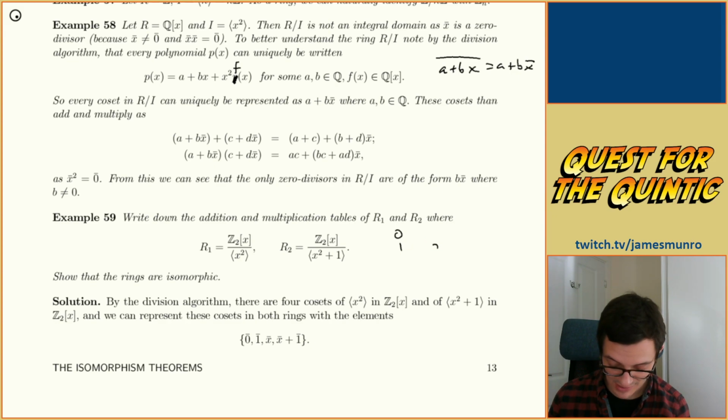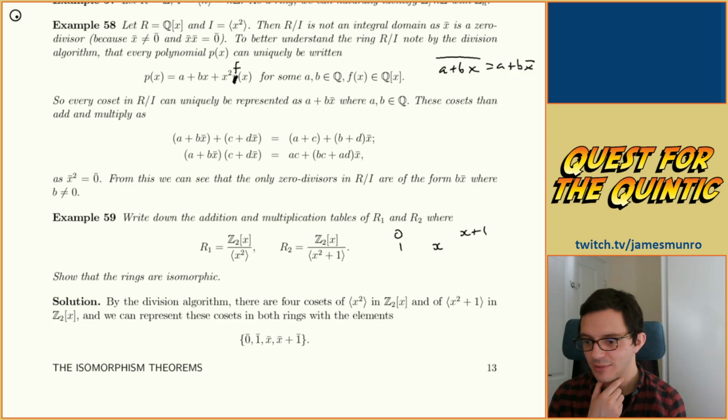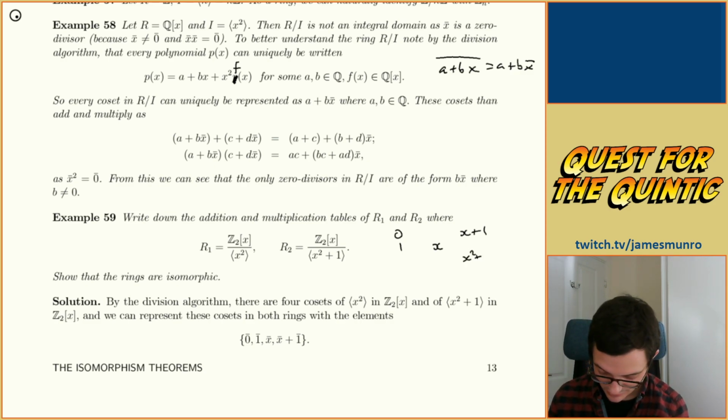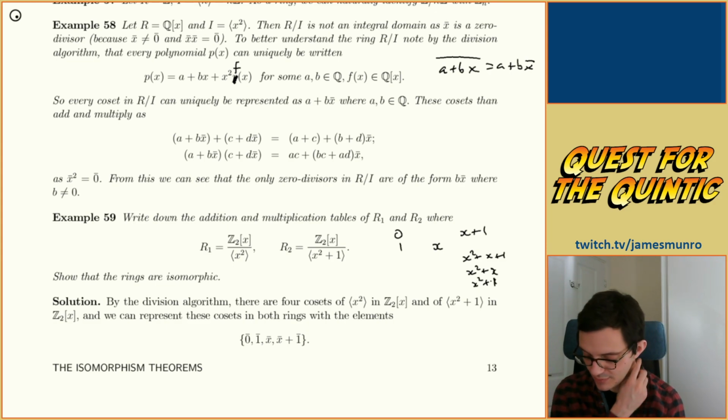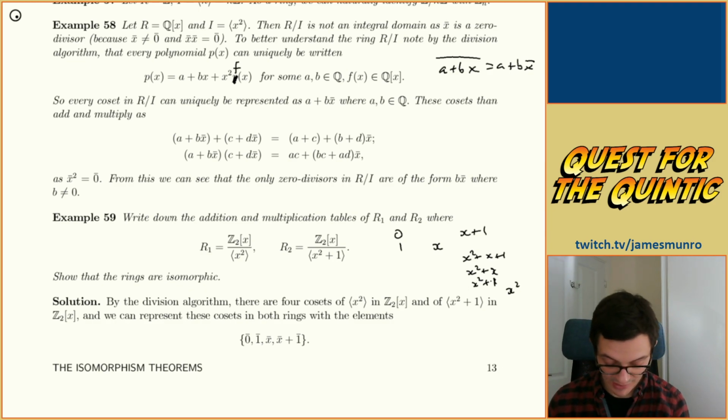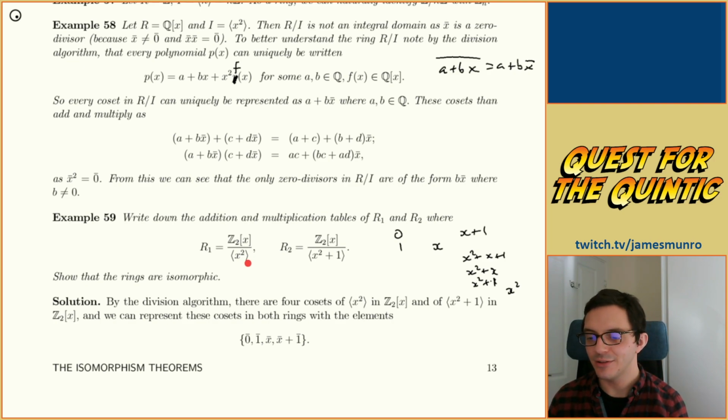There's these. I think this might be it for elements. Oh no, we can keep going. Oh yeah, okay, fine. X squared plus all of those things. X squared plus 0, and keep going. But if you consider x squared to be 0, then you get these 4 things.